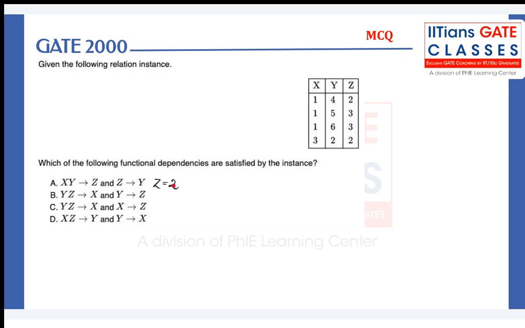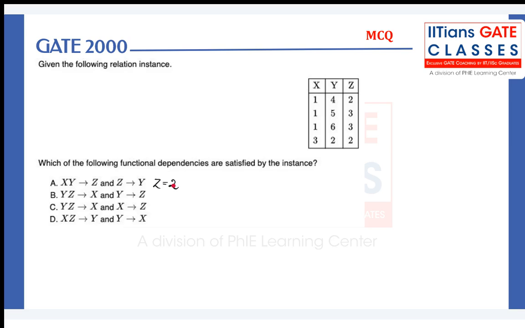What about option B? YZ derives X. Each pair YZ is unique, right? Is it unique? Yeah, it's unique. So if it's unique, definitely you don't even have to look into the value X. Y derives Z. Even each value of Y is unique, right?